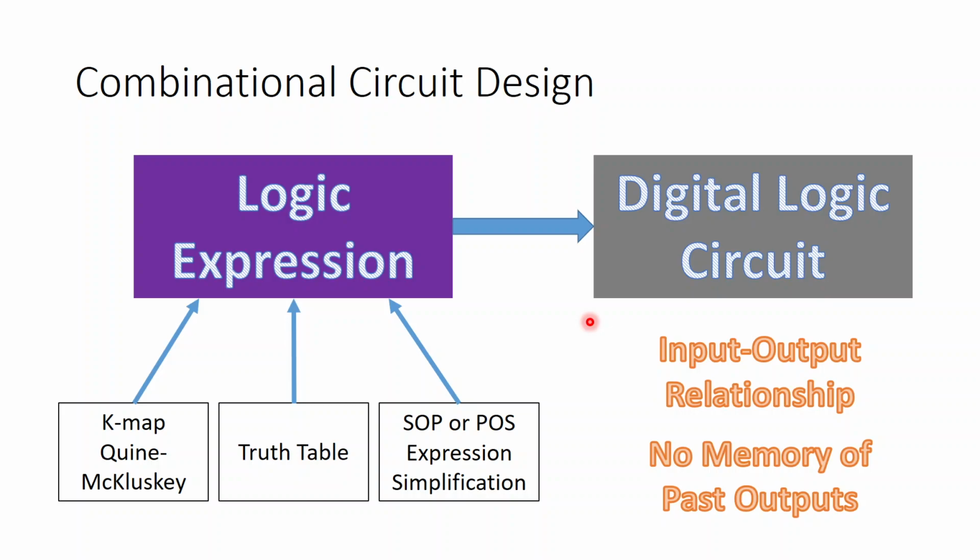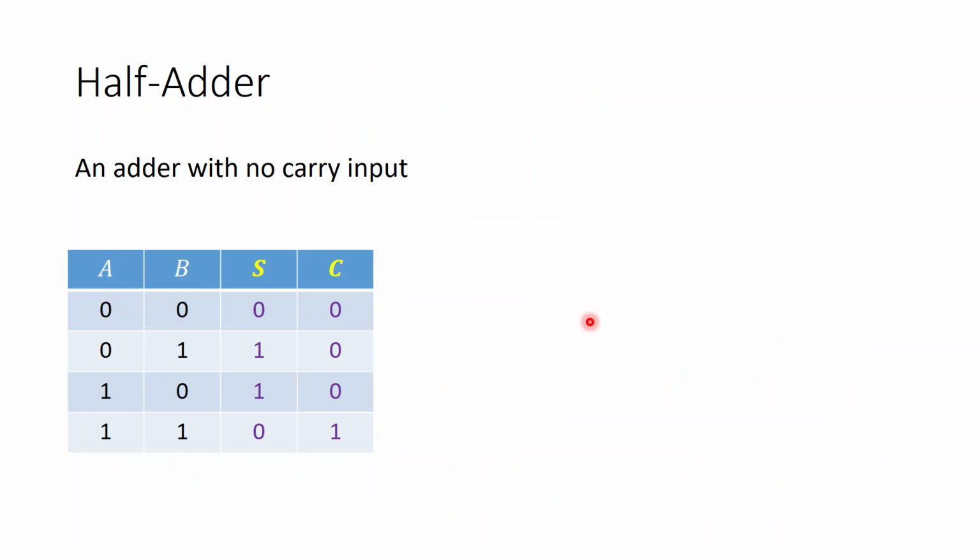So going ahead, we first explore the logic circuit design of a half adder. So what is a half adder? Here, the half adder is an addition with no carry input.